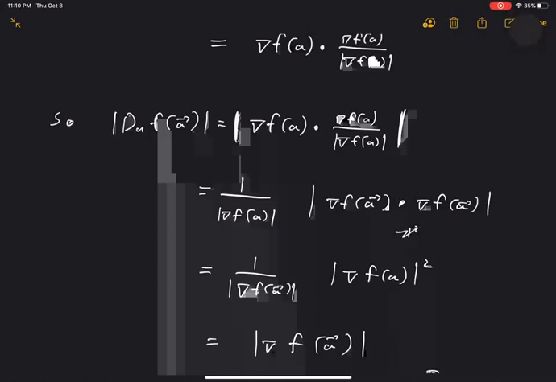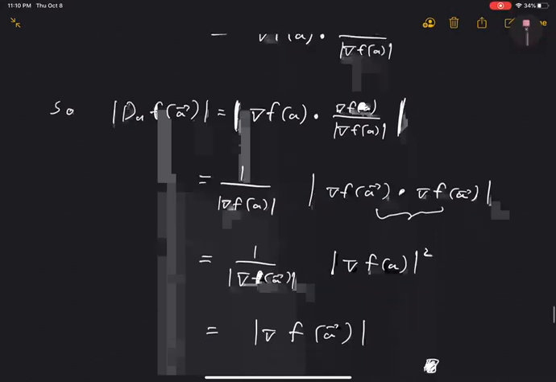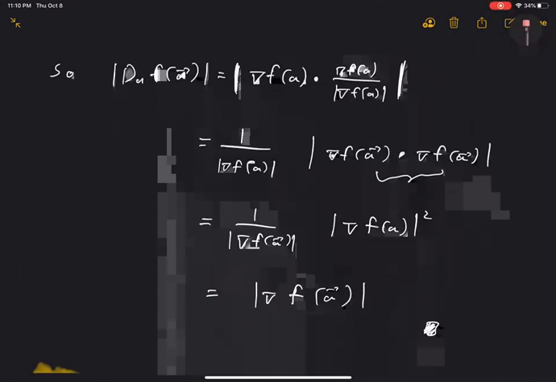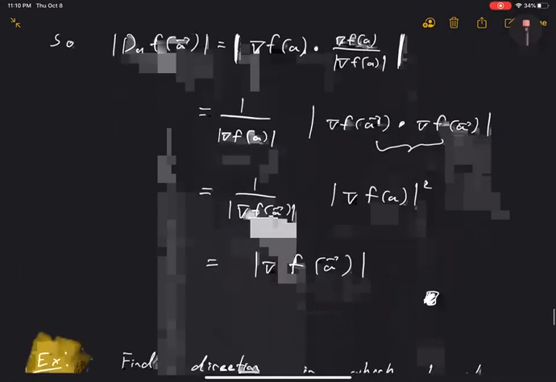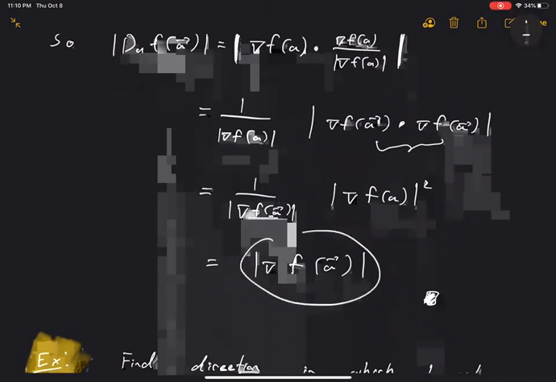Again, we have equal signs where we don't have any inequalities, so these things are exactly equal. So I have the magnitude of del f at a squared divided by the magnitude of del f at a, and the result of that is just the magnitude of del f at a.